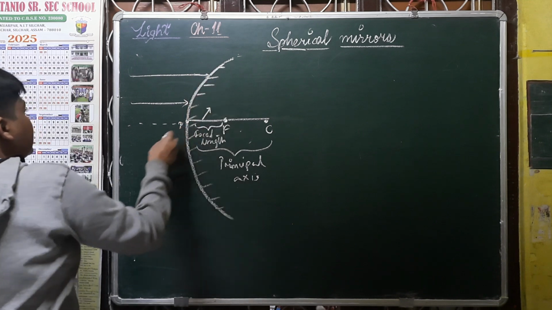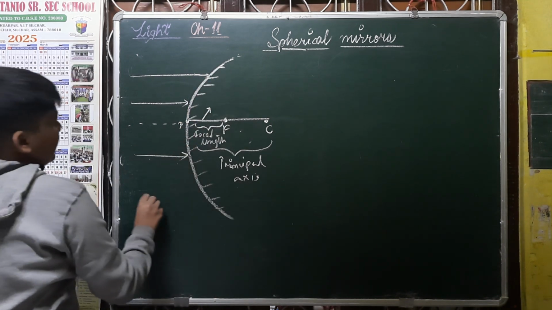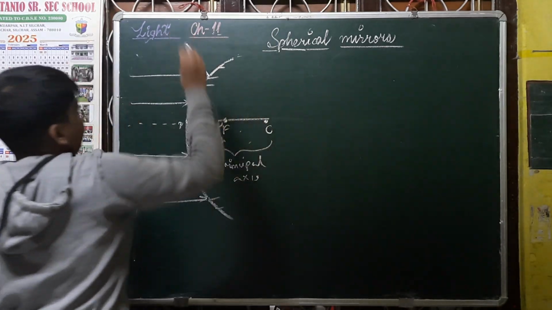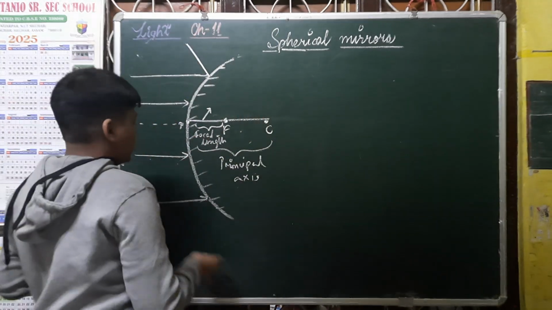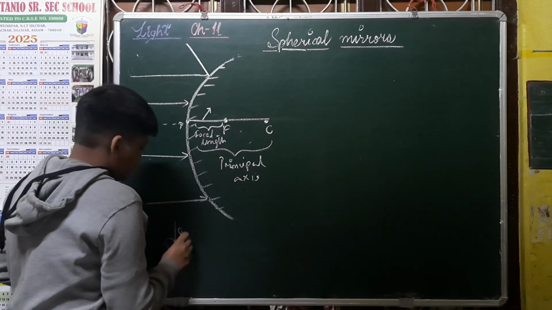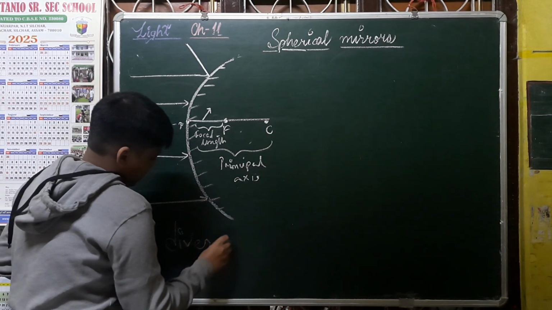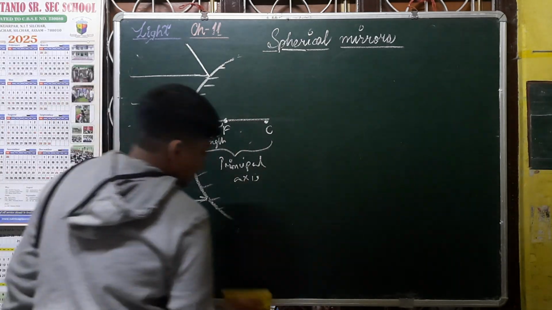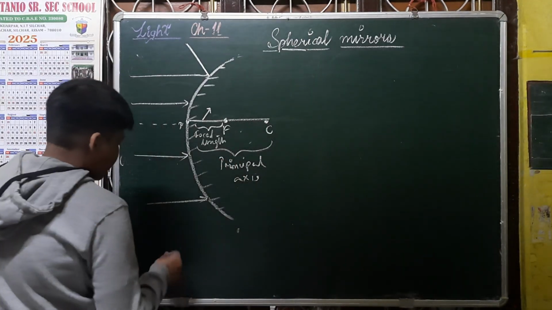This will be the incident rays, and the reflected ray will bulge outwards, means it will get diverged. So convex mirror is also known as diverging mirror.